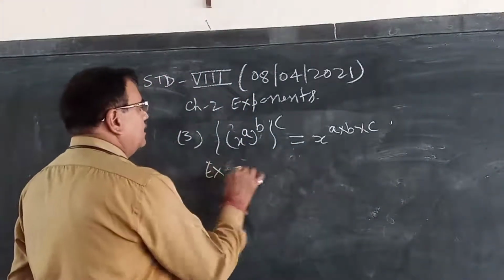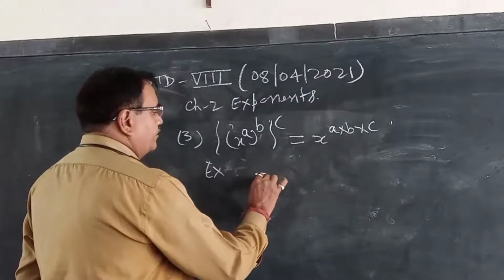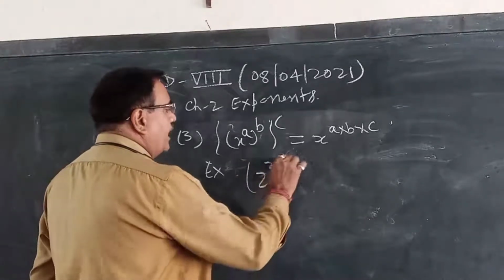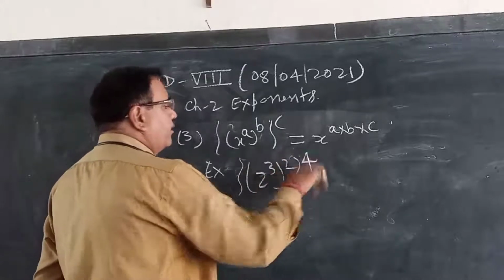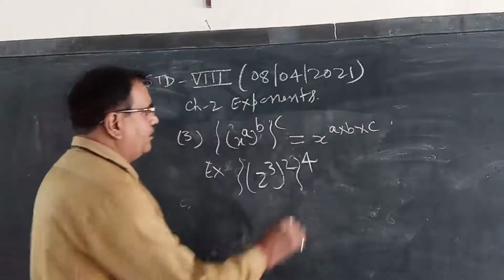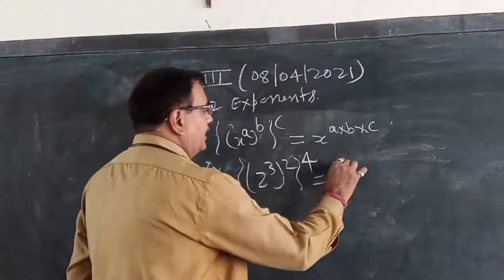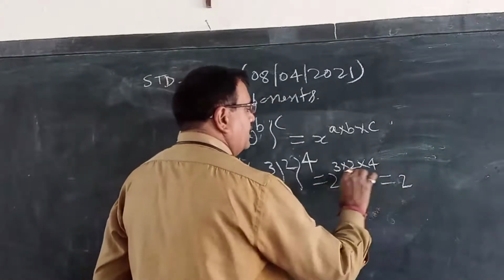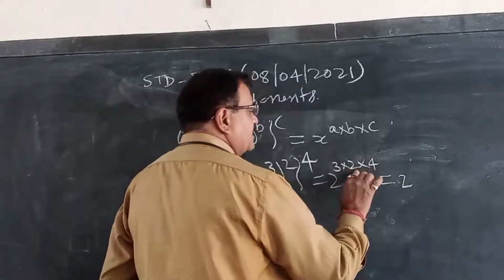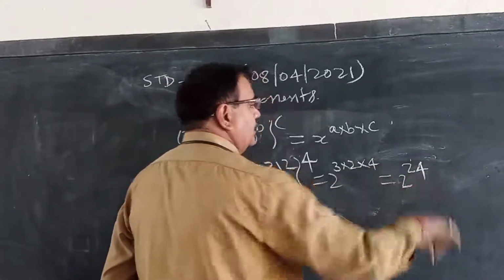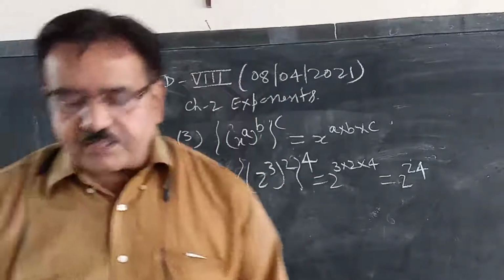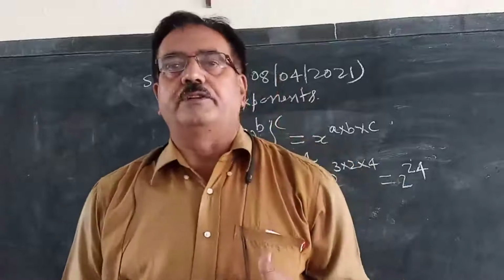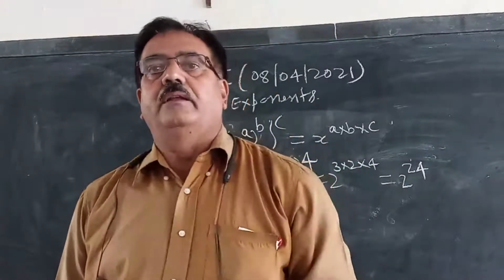Example: 2 to the power 3, then to the power 2, then to the power 4. What will be the value? 2 to the power 3 into 2 into 4, that is 2 to the power 24. These are the three main laws of exponents.